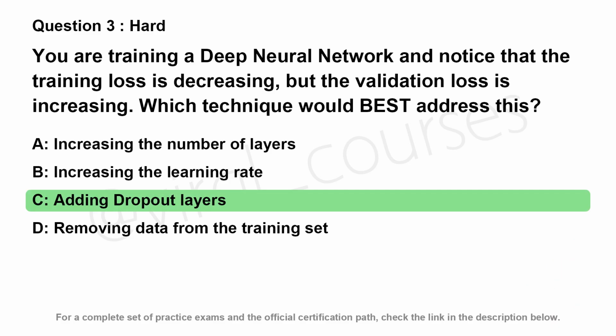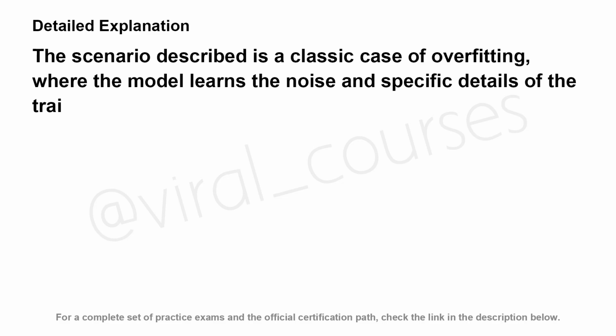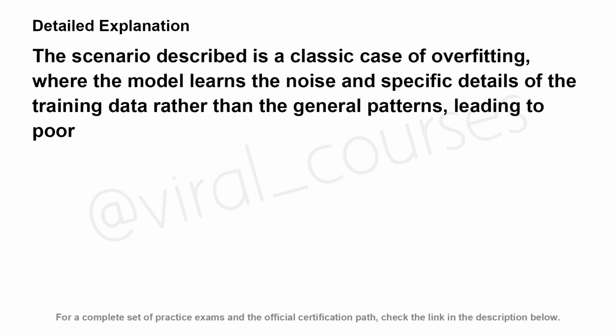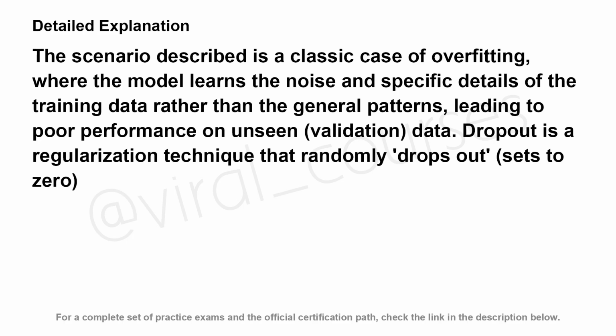The correct answer is C. The scenario described is a classic case of overfitting, where the model learns the noise and specific details of the training data rather than the general patterns, leading to poor performance on unseen validation data. Dropout is a regularization technique that randomly sets to zero a fraction of neurons during training.